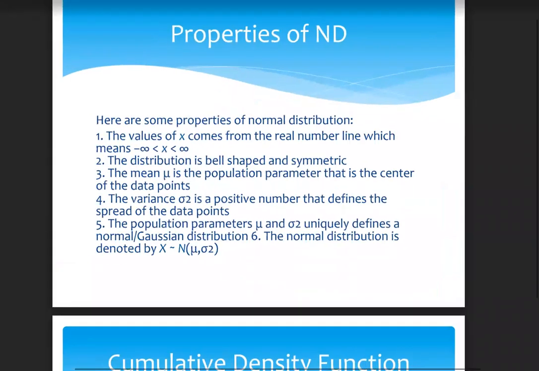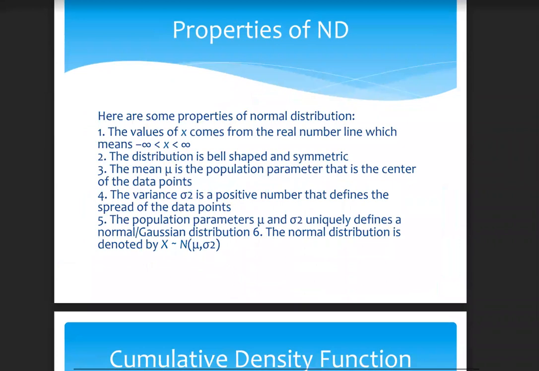Properties of normal distribution. Some of this I already talked about. For a normal distribution, the random variable x will take on any value from the number line. That means it goes from negative infinity to positive infinity. The distribution is bell-shaped and symmetric.